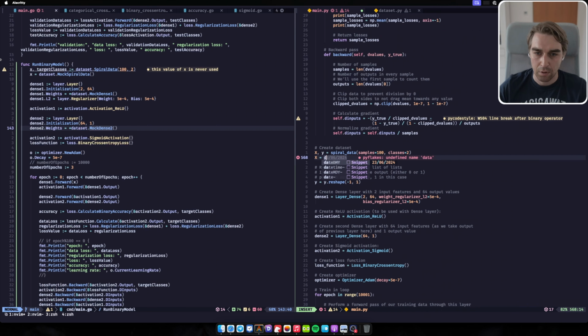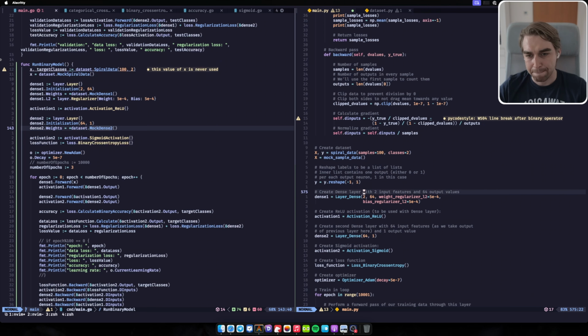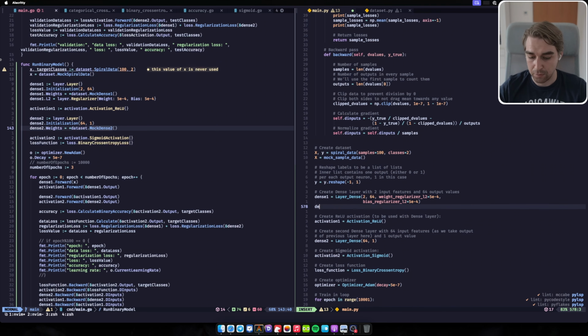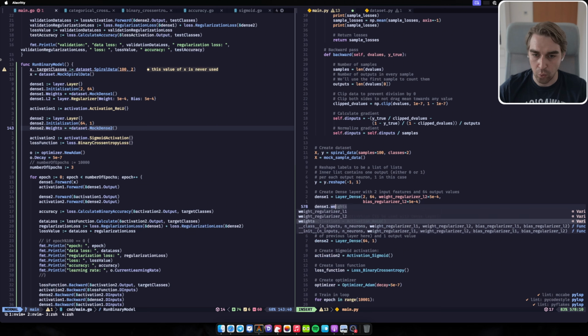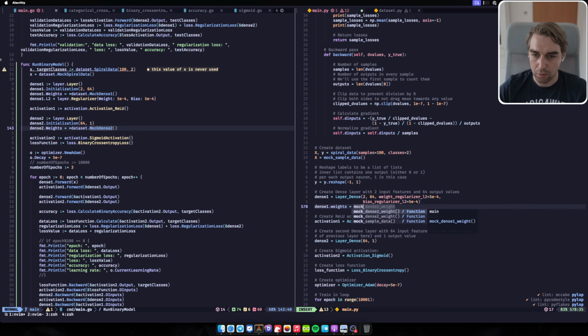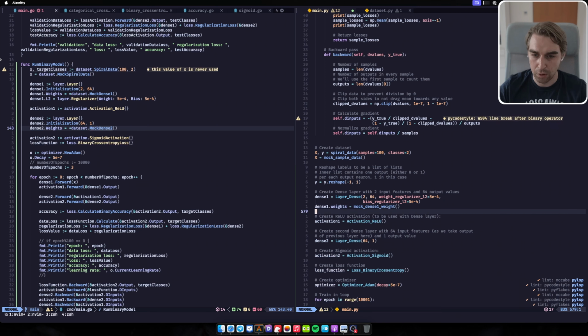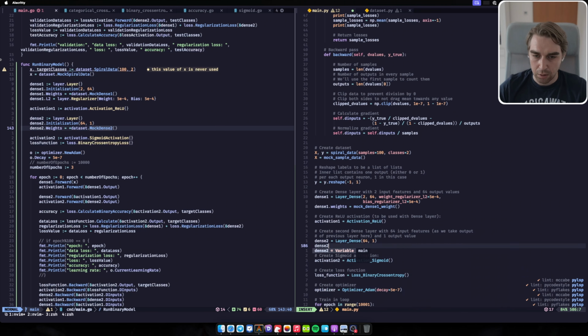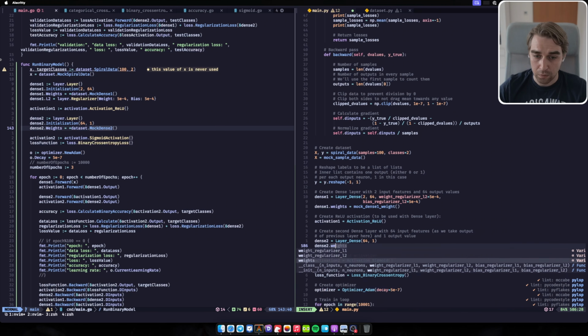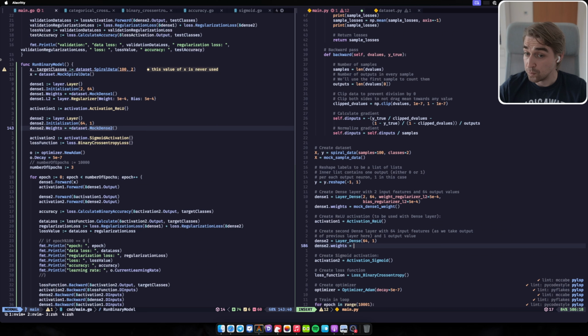Yes. Mock sample data. Then dense 1 weights equals mock dense weight 1. Dense 2 weights equals mock.